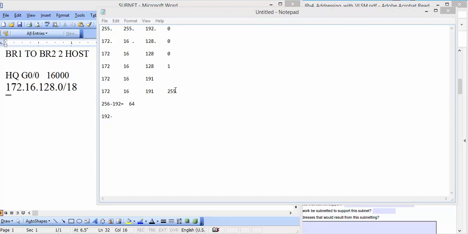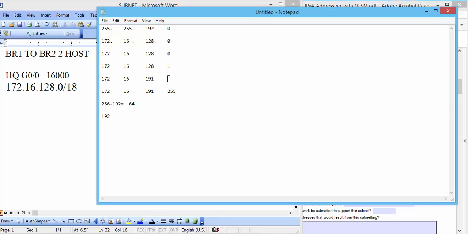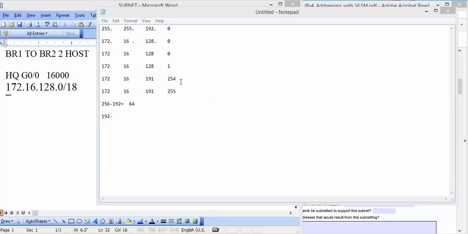Now 255 is the last octet, and we subtract 1, and in this case it is going to be 254, and we fill up the space with 254.